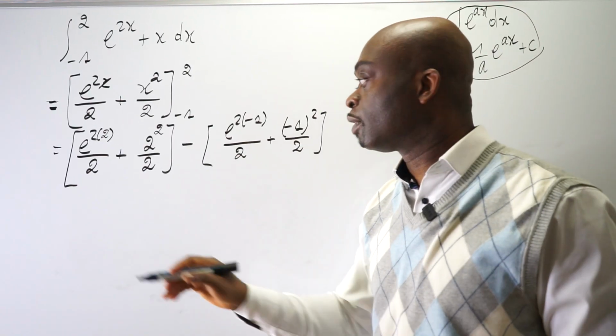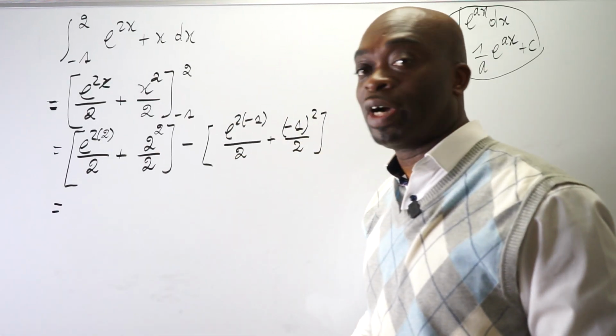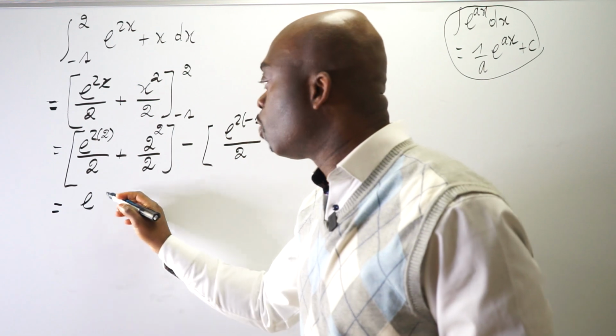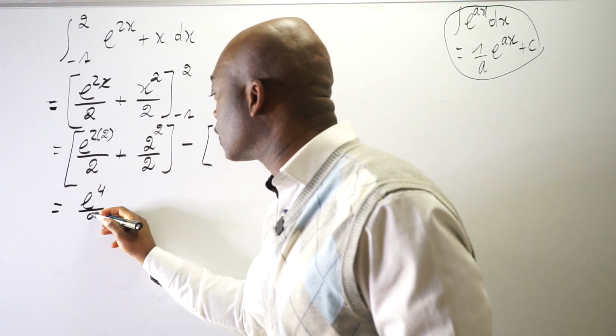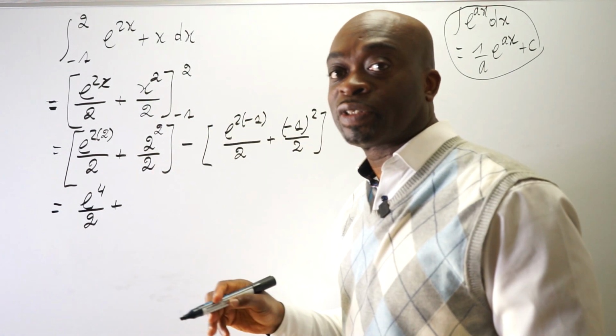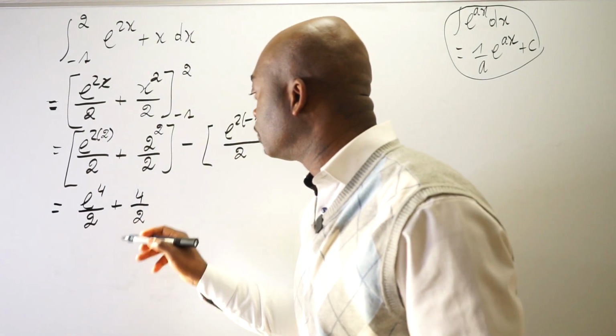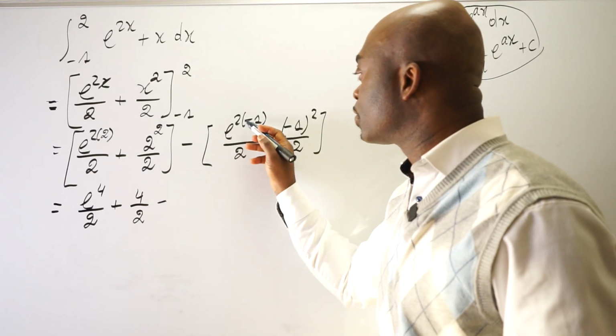That's what we get. So this one is equal to exponential 2 times 2 is 4 over 2, plus 2 to the second power, 2 times 2 which is 4, over 2. Then minus what's happening here.